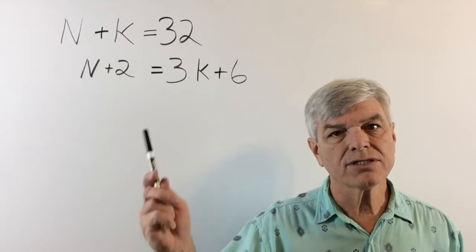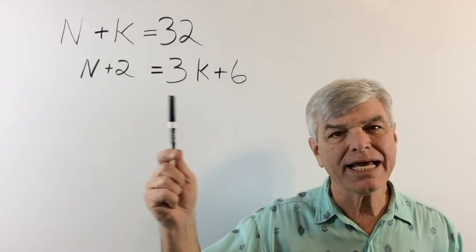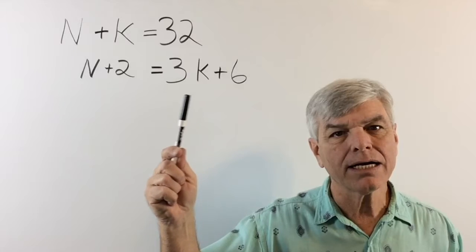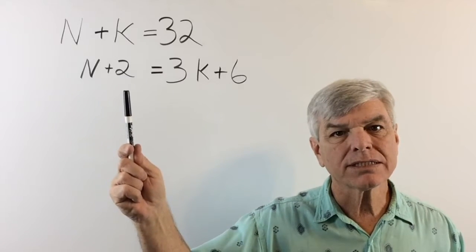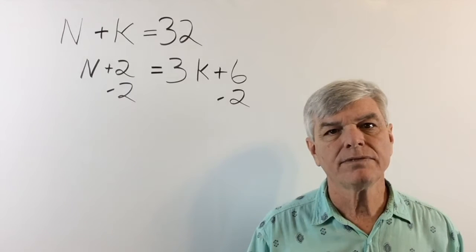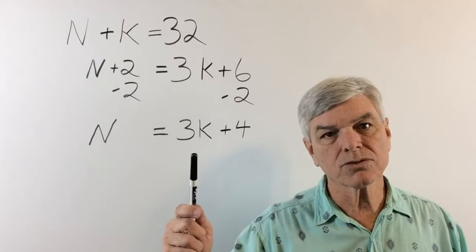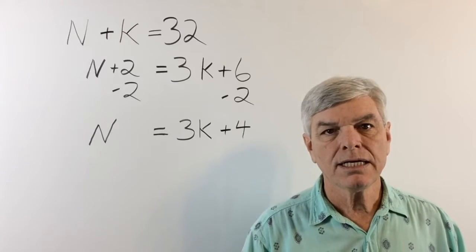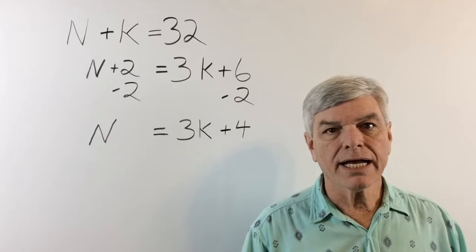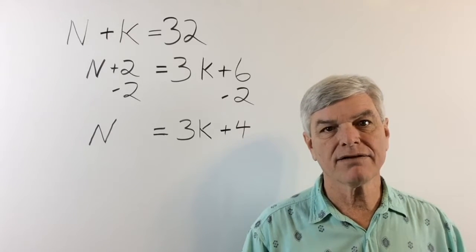Let's get all of our units on one side, and since we have 1n here and 3k here, it's going to be nice to have n alone. So let's get rid of that too, and bring everything down. And n equals 3k plus 4, and that's interesting, because if we look at both of our formulas, it's the second formula that has an isolated variable.